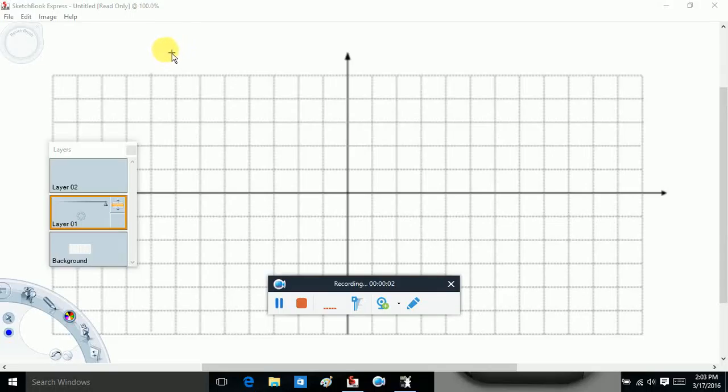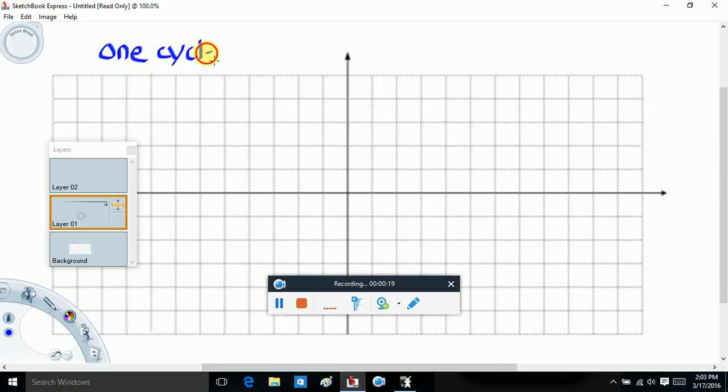Alright, we're going to graph one cycle of a sine curve with amplitude 2 and period 4 pi.